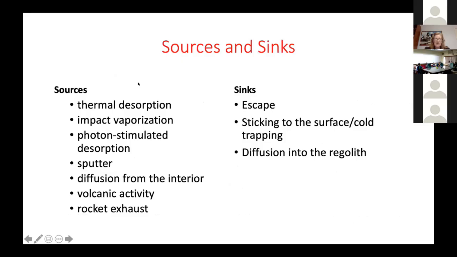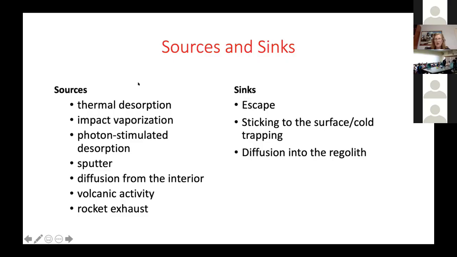So what are the sources? Thermal desorption, impact vaporization, photon-stimulated desorption, sputtering, diffusion from the interior, volcanic activity, or in the case of the Moon, possibly rocket exhaust. And one of our young scientists, Parvati Prem, has done a simulation of what will happen with the rocket exhaust and where it goes and how long it takes to dissipate.